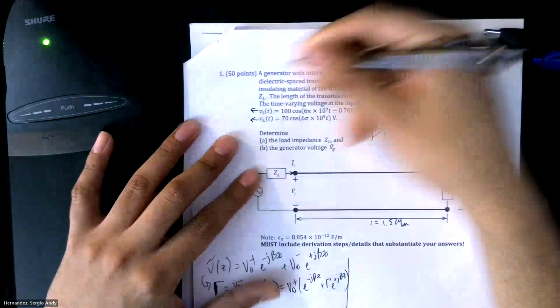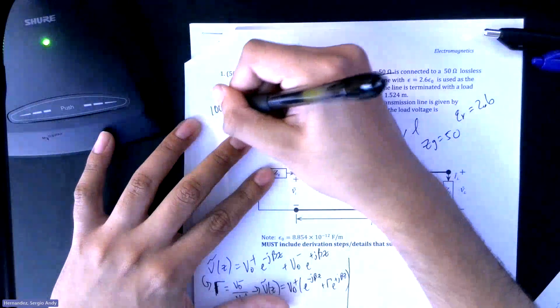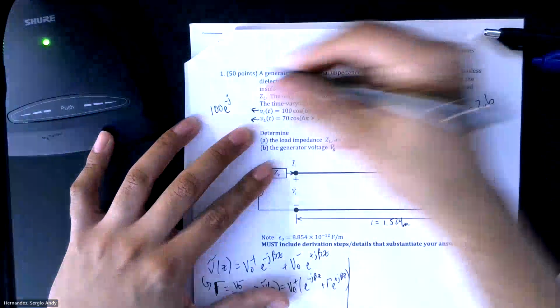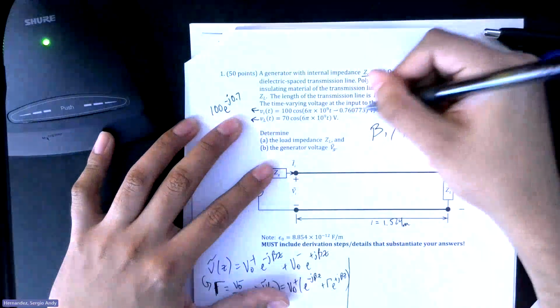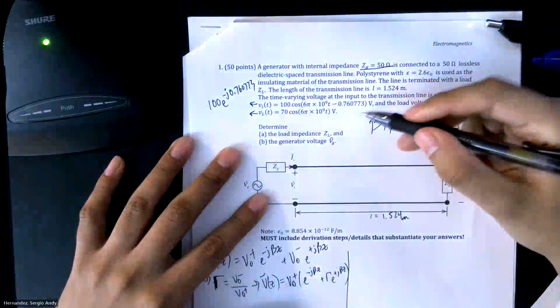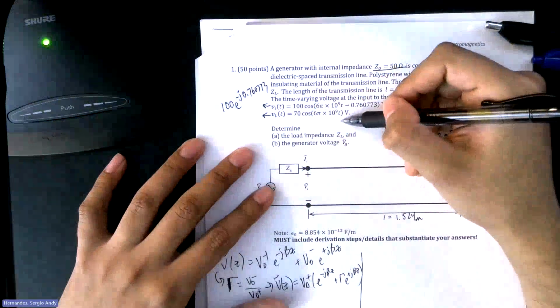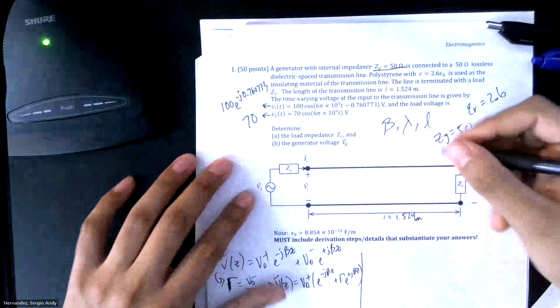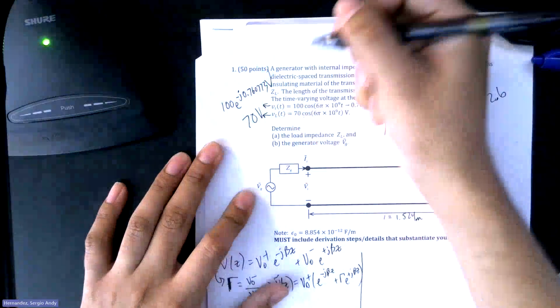So it has a phase shift, so it's going to be 100 e to the negative j 0.760773. And then this is just 70 volts because it has no phase shift.